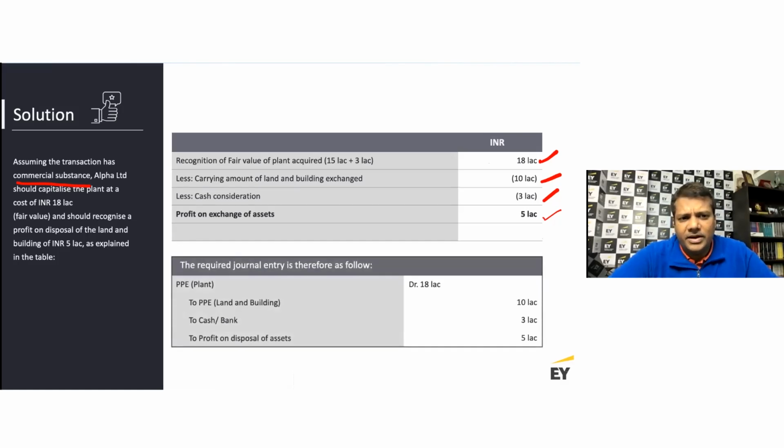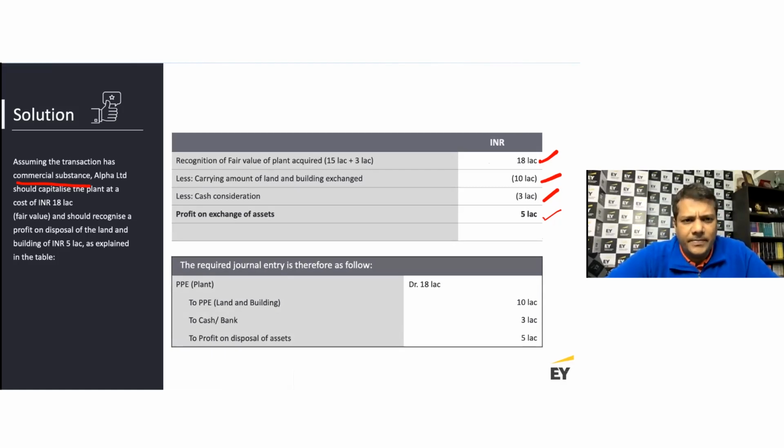Required journal entry: property, plant and equipment, debit 18 lakhs, to PPE land and building 10 lakhs, to cash in bank 3 lakhs, and to profit on disposal of assets 5 lakhs.